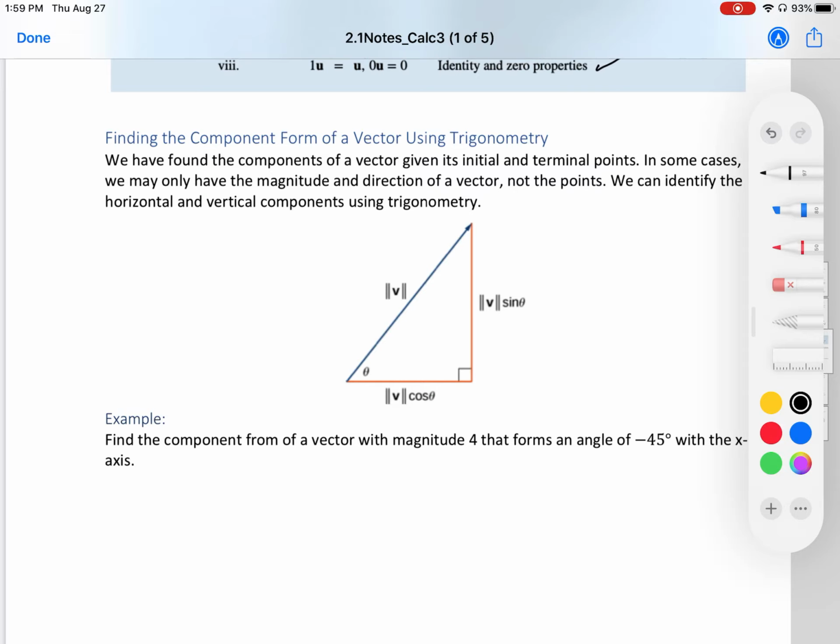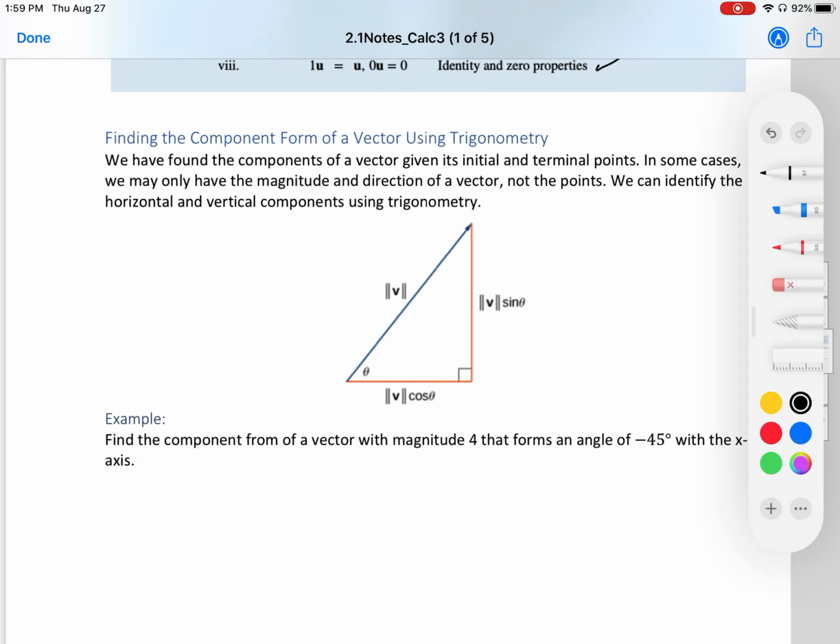Finding the component form of a vector using trigonometry. We have found the components of a vector given its initial and terminal points. In some cases, we may only have the magnitude and direction of a vector, not its points. We can identify the horizontal and vertical components using trigonometry.